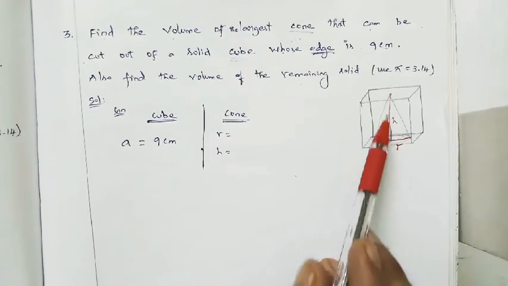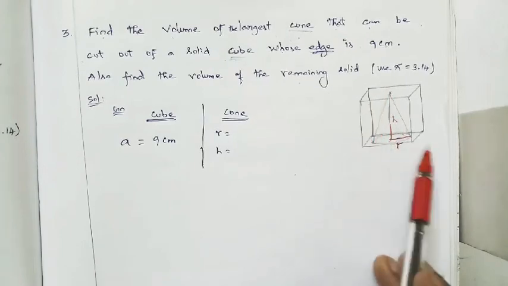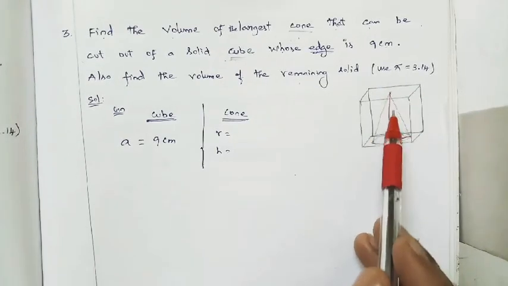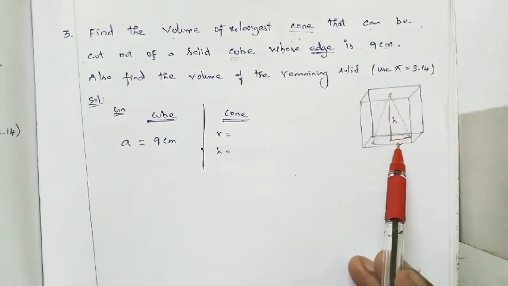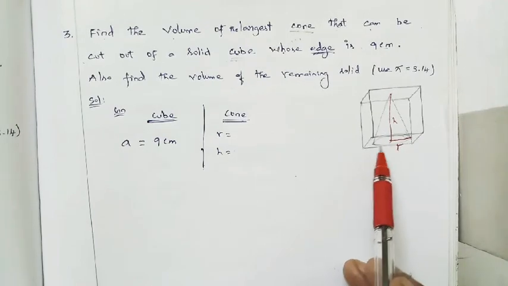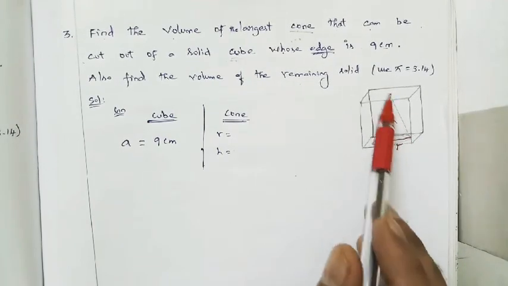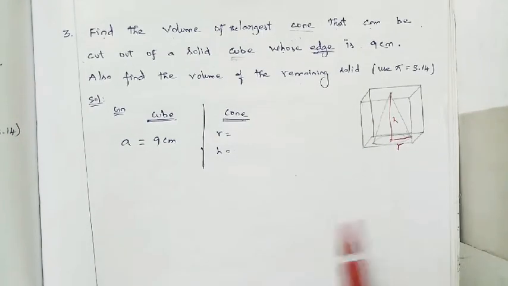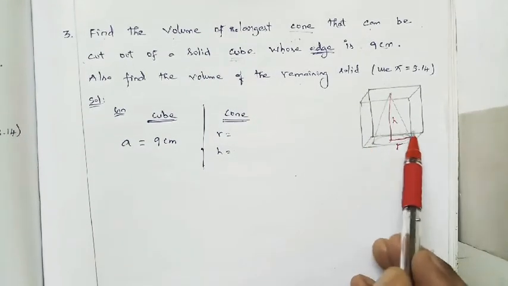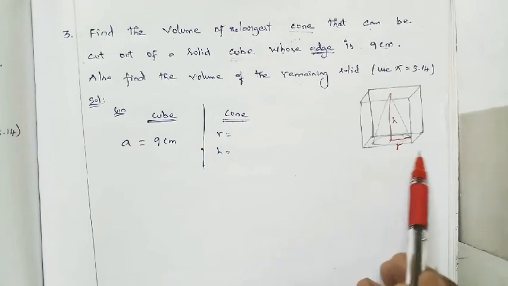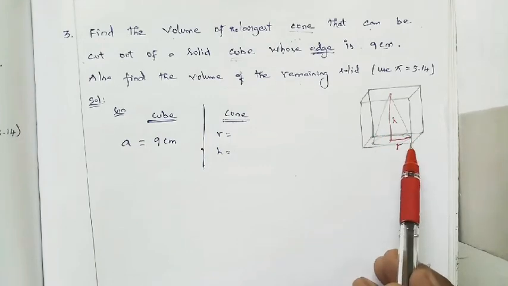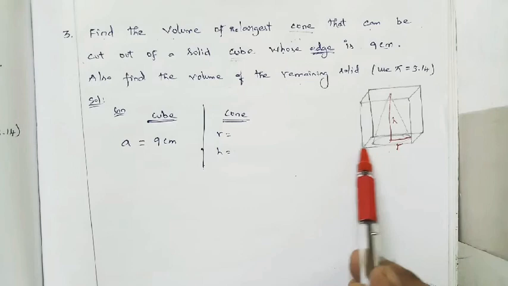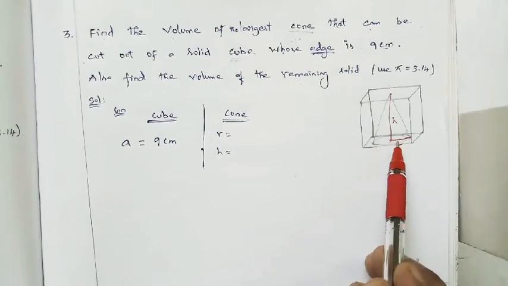So the height of the cube is equal to the height of the cone, both will be the same. At the same time, the diameter of the cone is equal to the side of the cube, both will be the same.